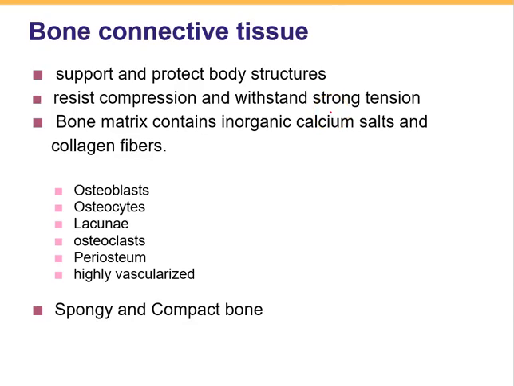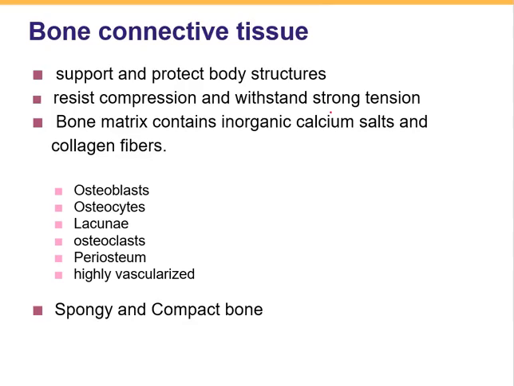Next, we have the bone connective tissue. Bone tissue provides support and protection for the body's structure. It's incredibly strong and can resist both compression and tension, making it crucial for supporting our body weight and withstanding forces from movement and impact. The bone matrix is composed of organic and inorganic substances.